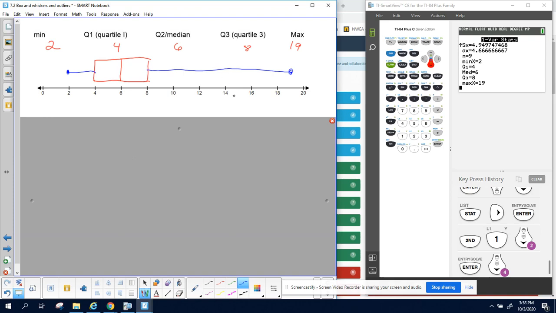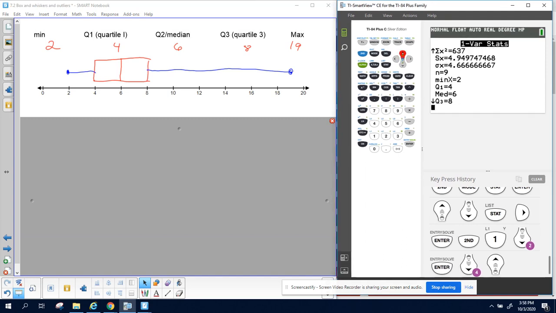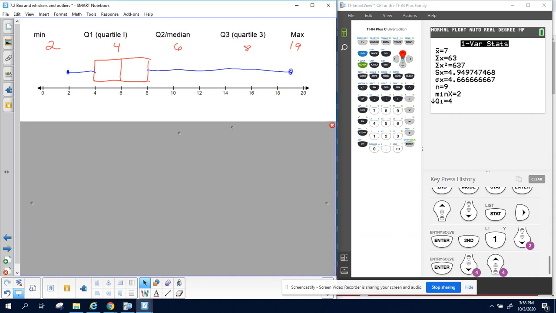So if we find the mean of the numbers, it should probably be a little bit higher than the median of the numbers. Up here on our calculator, we had the median. Notice that the 7 is on the right side of the median because it's skewed to the right.